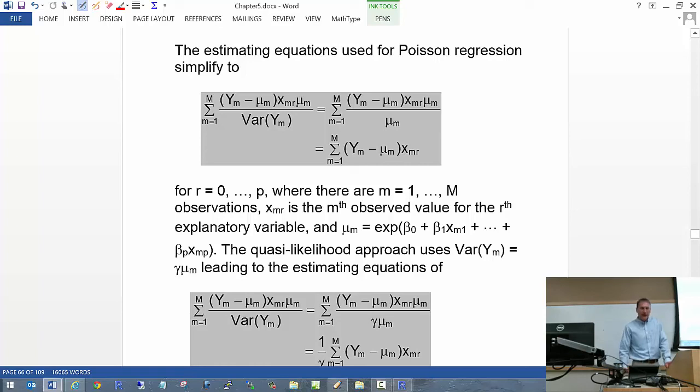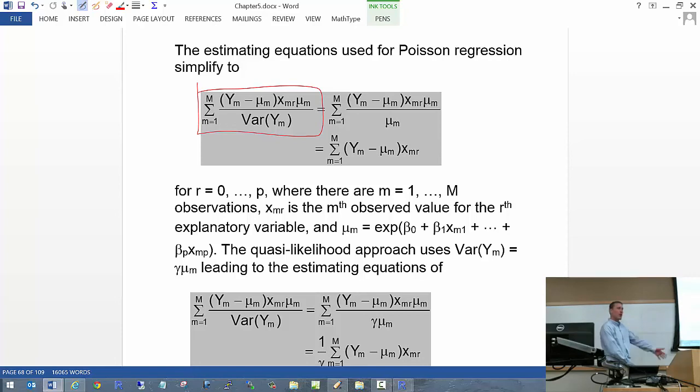Okay. Let's get back to this idea of estimating equations and then use Wedderburn's idea with it. For Poisson regression models themselves, the estimating equation, meaning the derivative with respect to a beta of the log likelihood function set equal to 0, one can show mathematically that it ends up being of this form here.